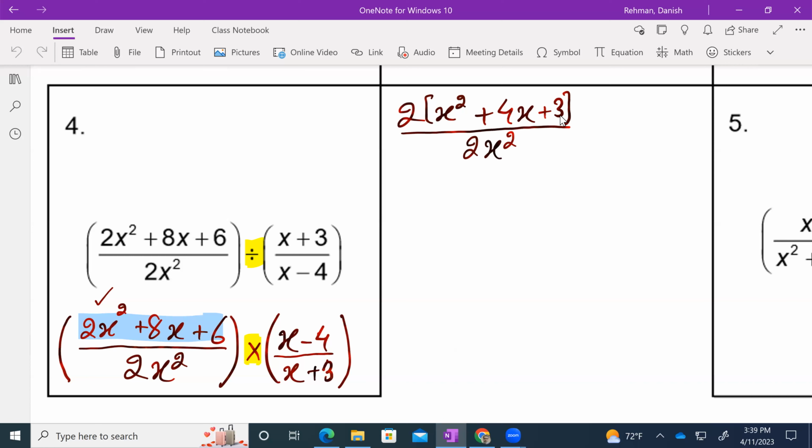Okay. We can also already see something that can be cancelled out. Now, do you want to cancel something? When I'm saying cancel, it's a division. What do you think can be removed from here? Is there any factor that can be?